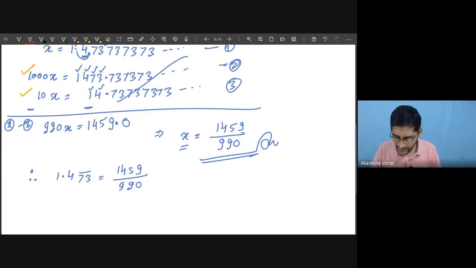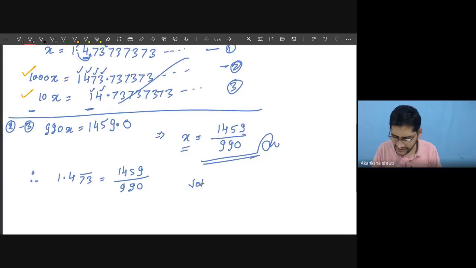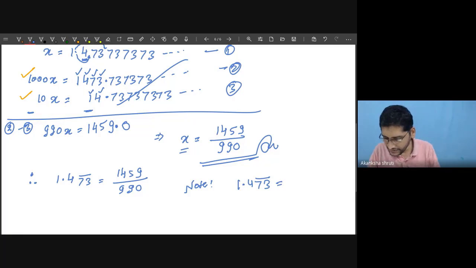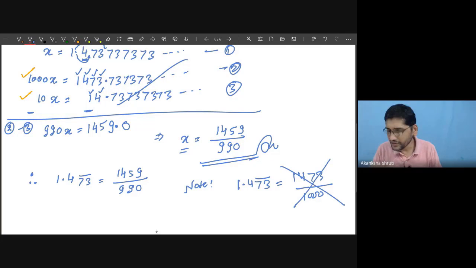Many a time our students are committing the mistake that they are forgetting this bar and they are just writing like this 73 bar. They are thinking just 1473 divided by 3 places like 1000. If you are writing like this, it is wrong.